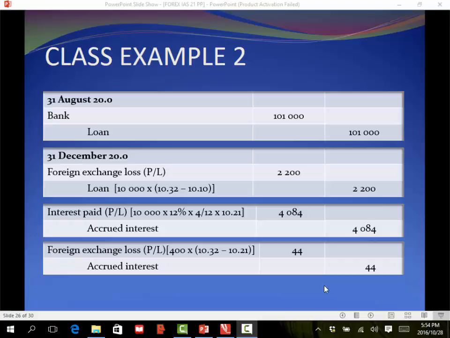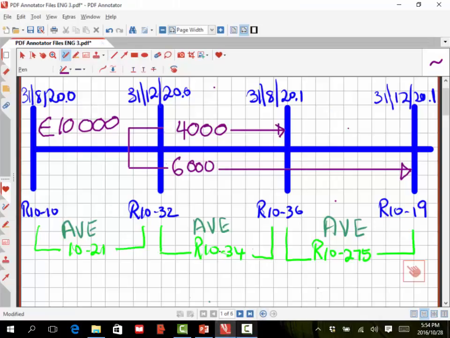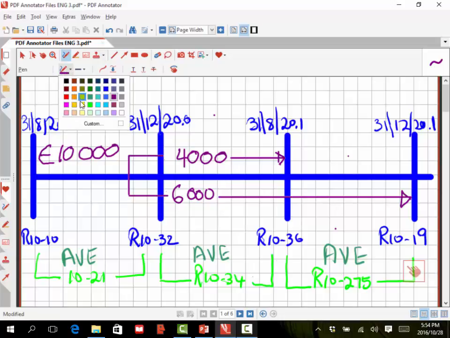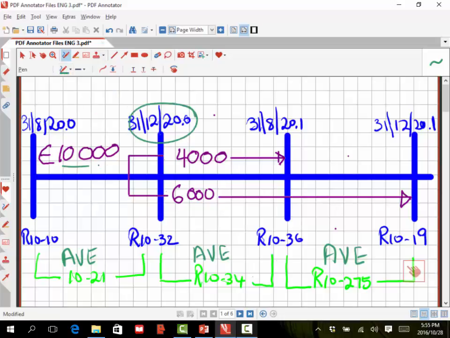next step is to do the journals relating to the repayment of the 4,000 euros on the 31st of August 20.1. I've drawn up that table there, and it shows the 10,000 euros that we had outstanding on the 31st of December. That 10,000 euros was outstanding at that date. But now I've split it into two.